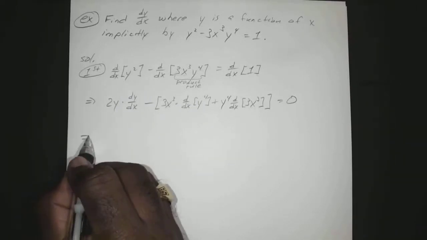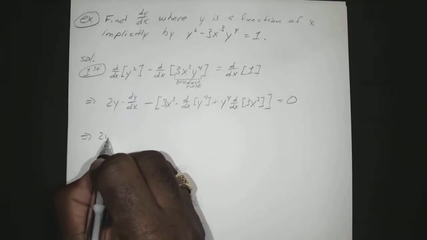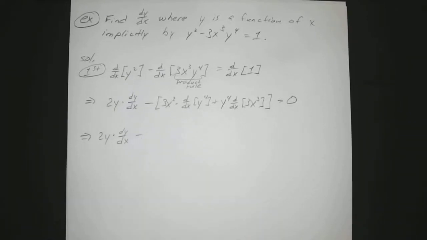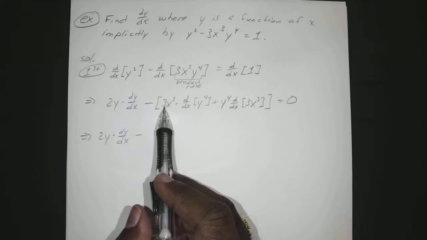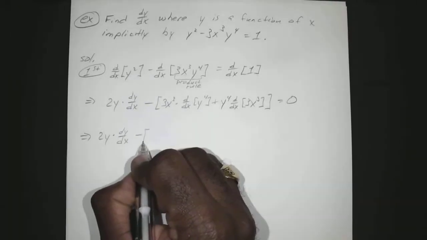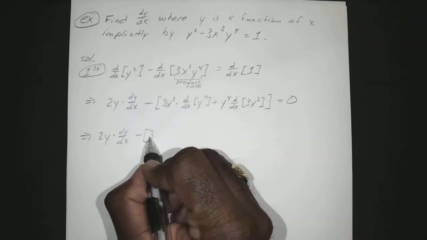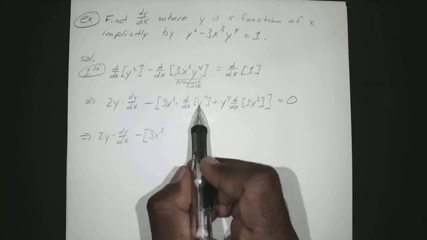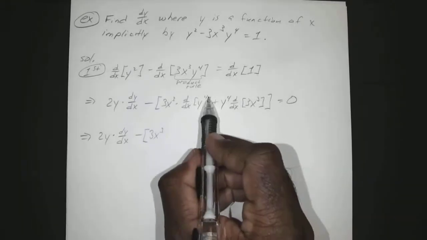Okay, so if we have our 2y dy/dx minus, well, we can go ahead and just distribute that if we wanted to, but I'll leave it till the next step. 3x to the third times the derivative of y to the fourth with respect to x.